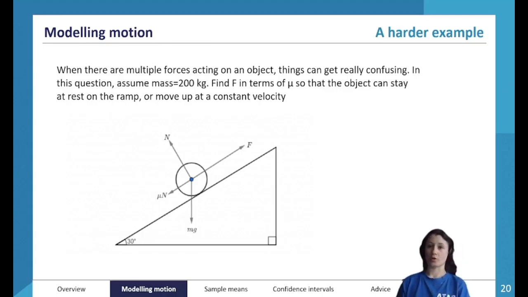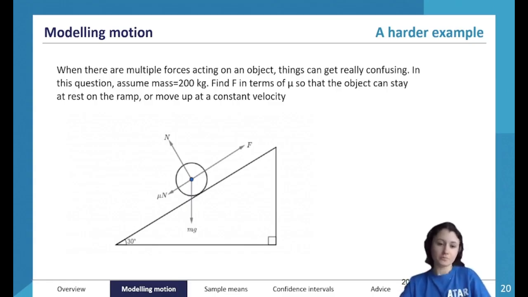So when there are multiple forces acting on an object, things can get a little bit confusing. So in these scenarios, it really is just a little bit about practice and a few formulas and things you need to remember. So we have a mass of 200 kilograms here, that's what it tells us.